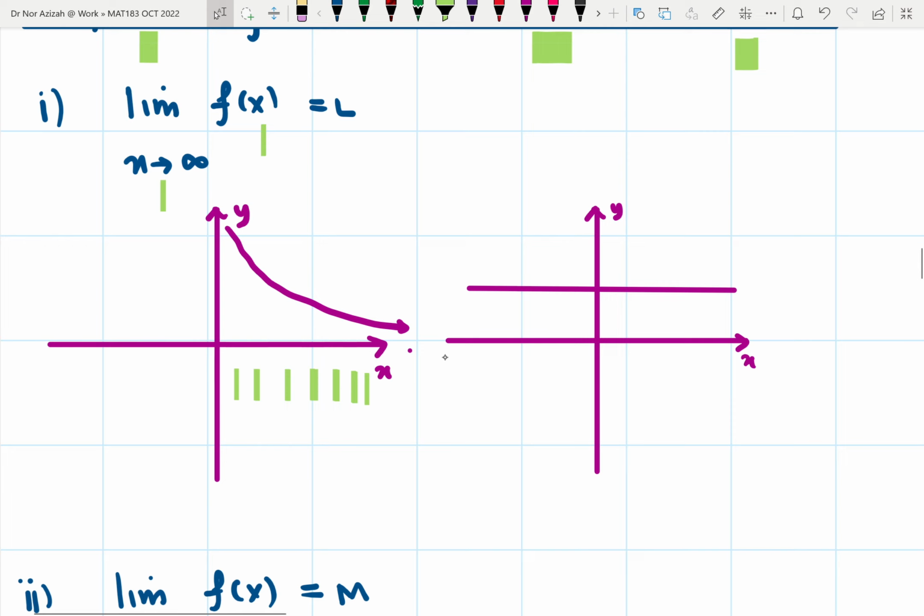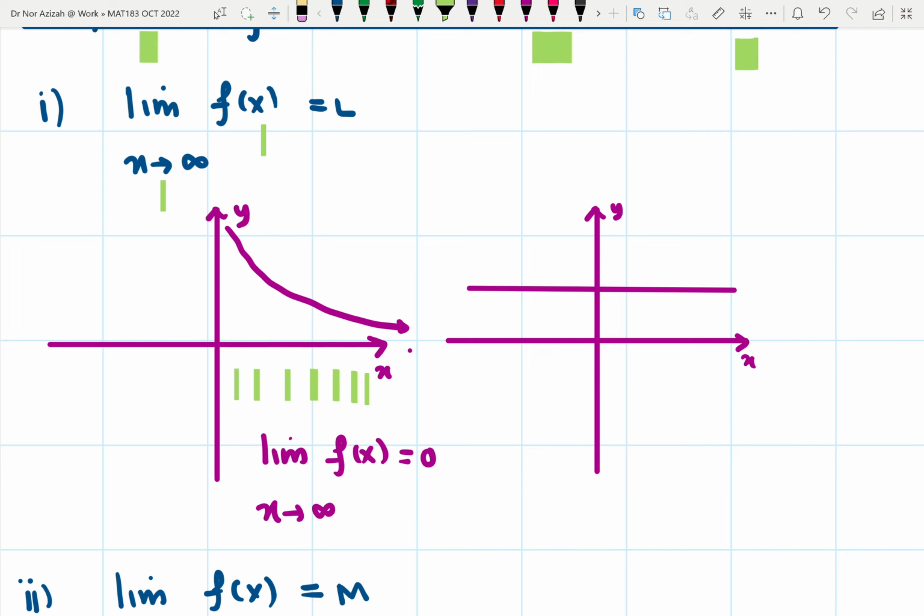So let's say the limit of f(x), an unknown function, when x goes to infinity, the answer is 0. The limit of f(x) when x goes to infinity equals 0. So now L is 0.